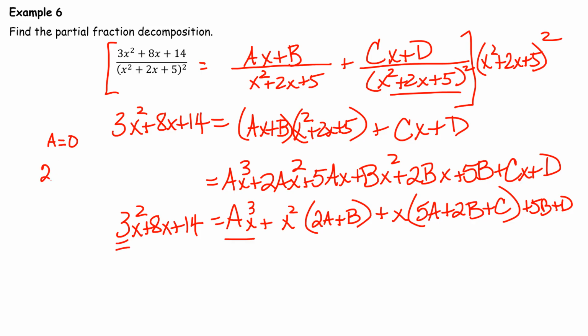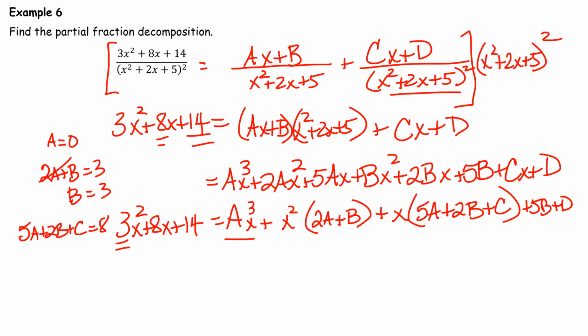So that means that 2A plus B must be 3, which actually means that B is 3, because 2A is just 2 times 0, which is 0. Then you've got 5A plus 2B plus C for the coefficient on x, which is supposed to be 8.